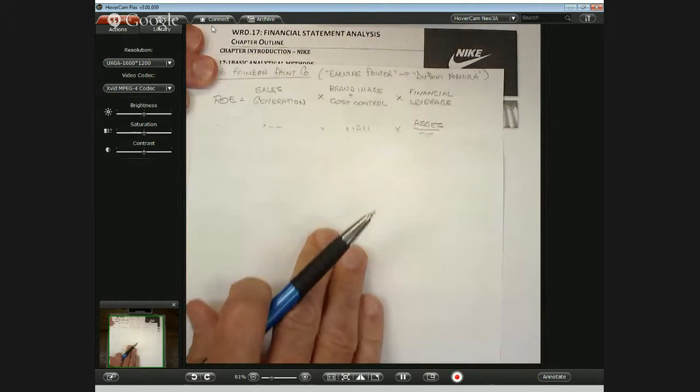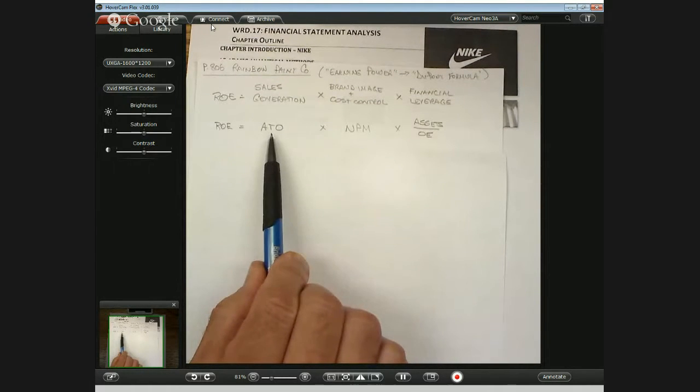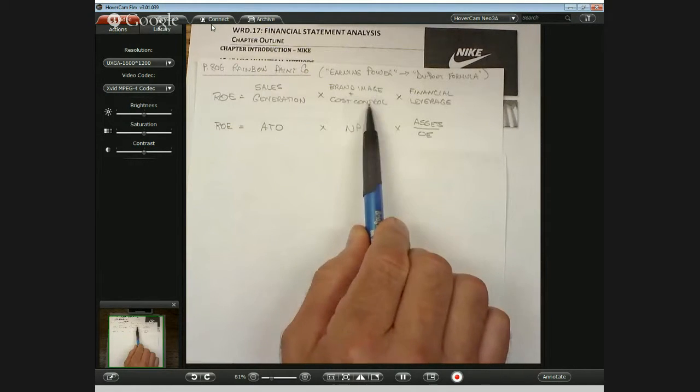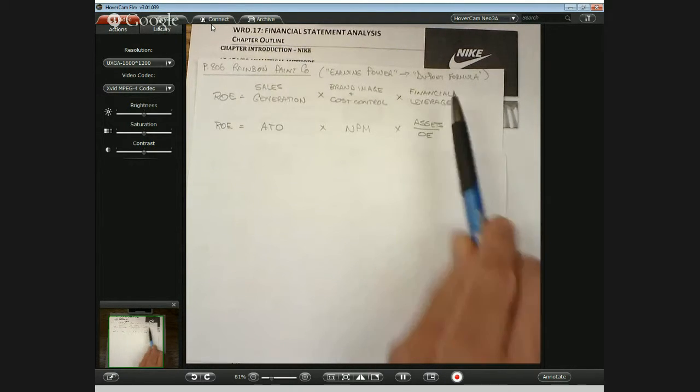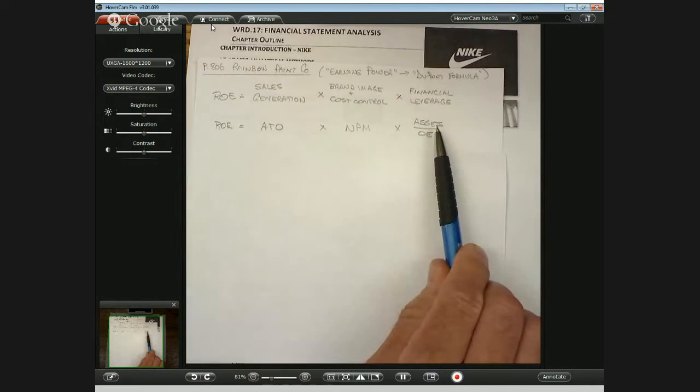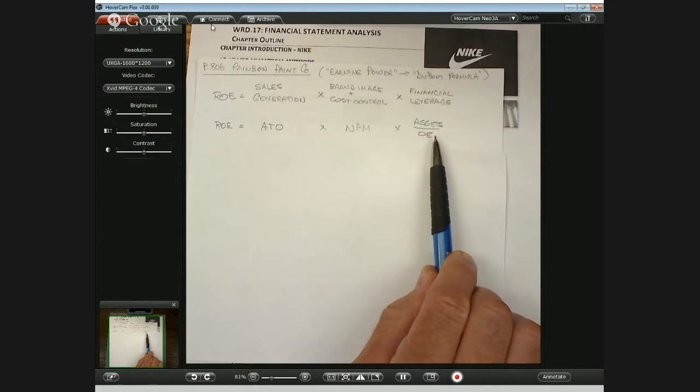Each of these can be expressed as ratios. Sales generation is expressed as the asset turnover. Brand image and cost control is expressed by the ratio net profit margin, and financial leverage compares how many dollars of assets can be supported by $1 of owners' investment in the company.